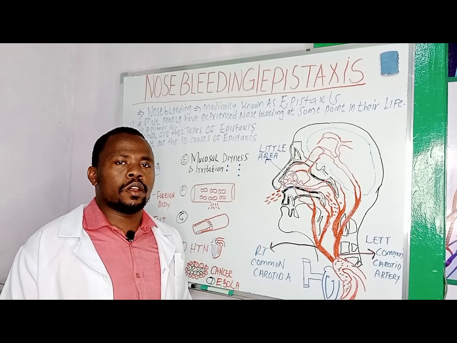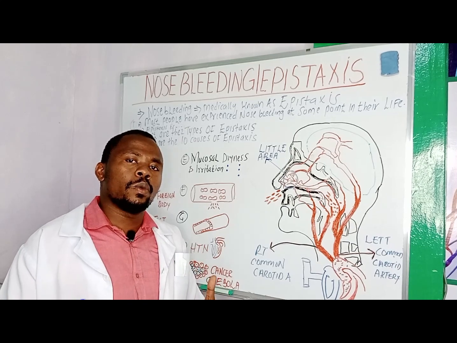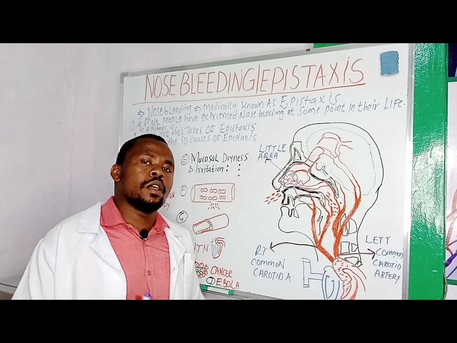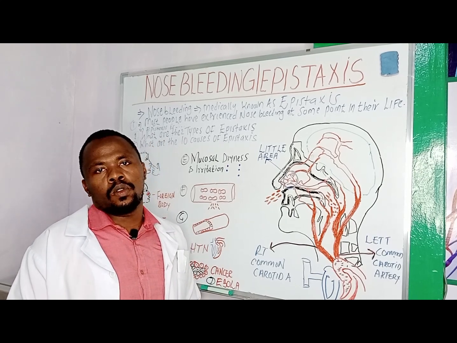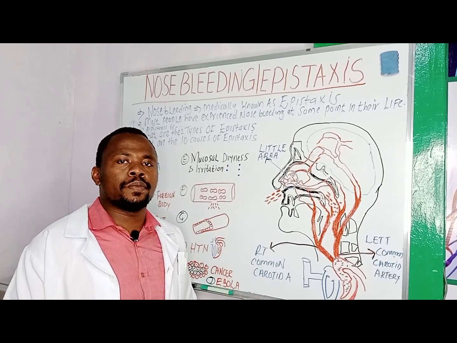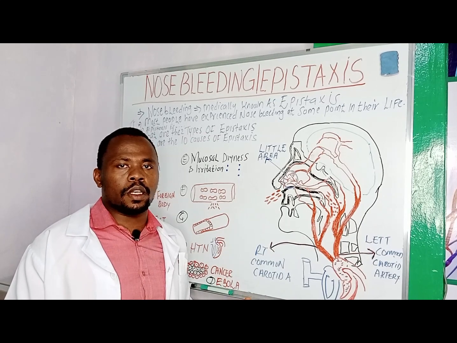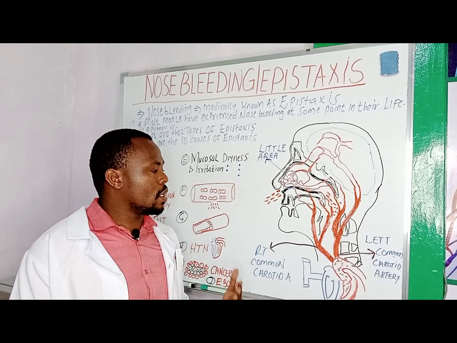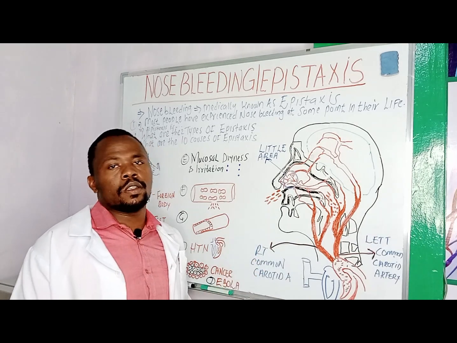These drugs, if you take them for a long time or without monitoring their efficacy, can result in very less viscous blood, or watery blood, that can result in nose bleeding.